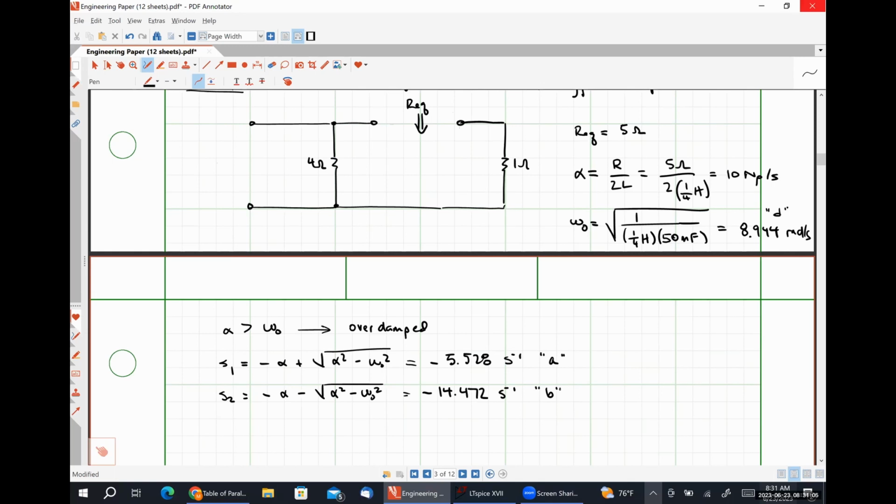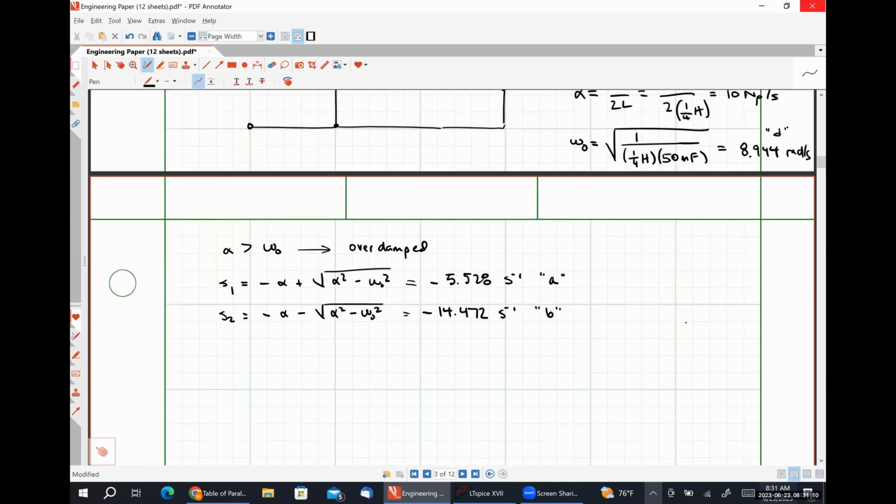All right, so our last step in solving for that resistor current that we're interested in is to solve for our response equation. And so this is going to be very similar to what we did on Wednesday, but because we have an overdamped response, we're going to use a different part of the table, okay?